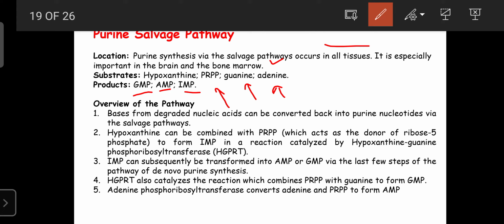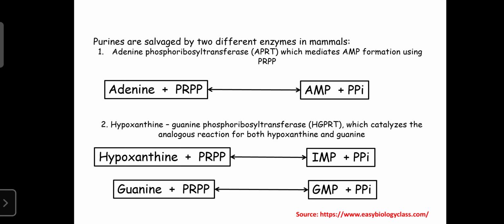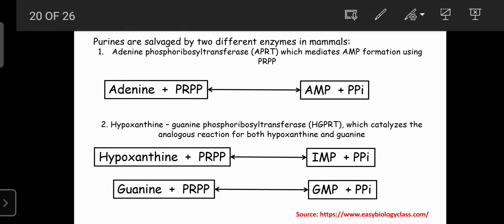So now we learn regarding the steps. The purines are salvaged by two different enzymes. The first enzyme is adenine phosphoribosyl transferase, also known as APRT, which mediates AMP formation using adenine and the intermediate compound PRPP.